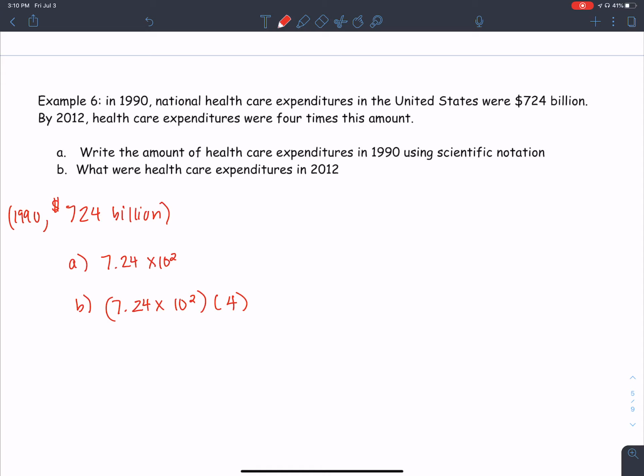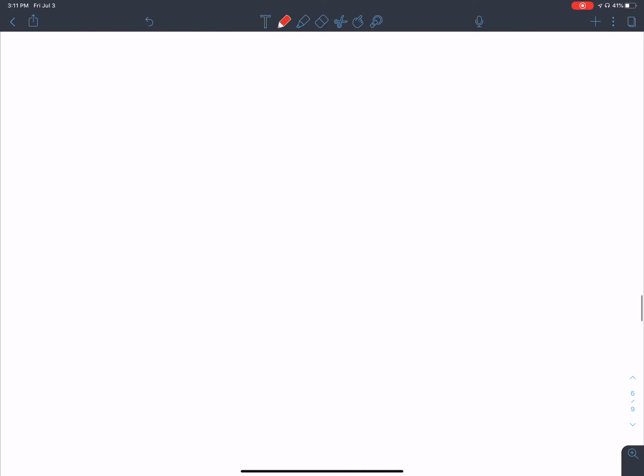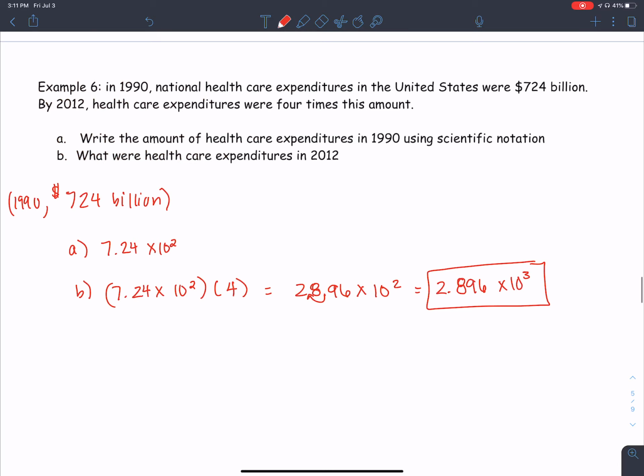The only thing we multiply is 7.24 times 4, and that gives us 28.96 times 10 to the second. But we have to move our decimal back 1 to get it in correct scientific notation. So it's actually going to be times 10 to the third. Okay? And that's it for scientific notation.